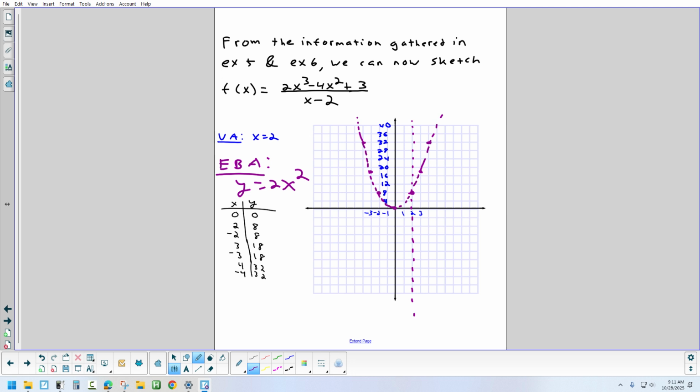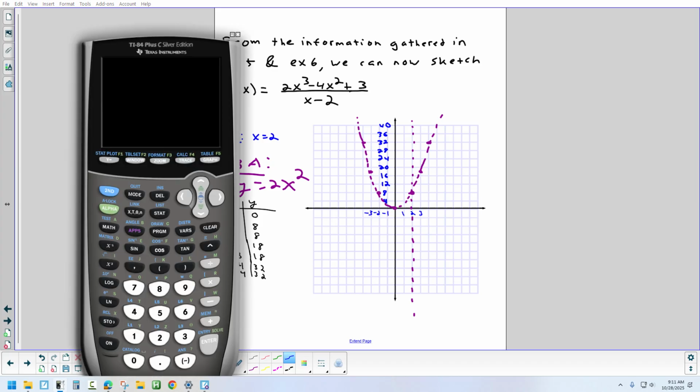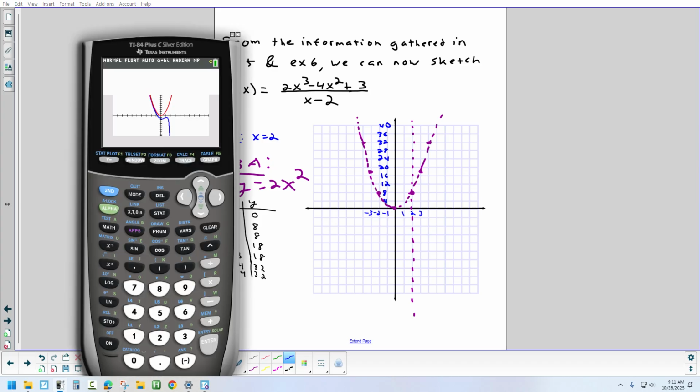All right, so now what we need is some points that are close to the vertical asymptote, and then I'll do some others between -10 and 10, just to get a good idea of the sketch. What would be a good value that's really close to 2, but just to the left of it?